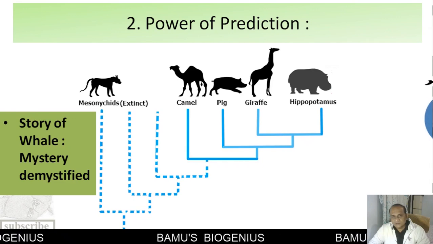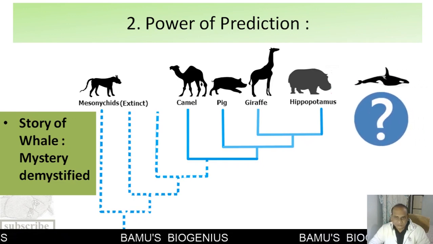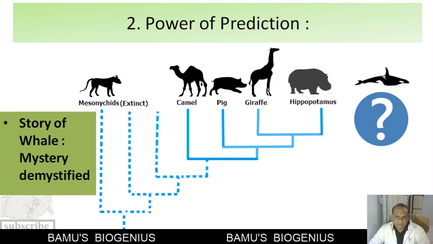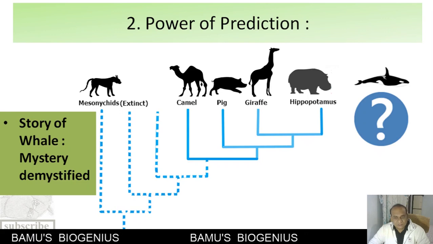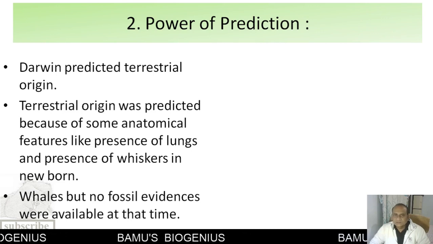We know that the position of whales, or the relationship of whales, is a long-standing mystery. It was debated in scientific circles for at least 40 years. Although Darwin predicted the terrestrial origin of whales, fossil evidence was not there.